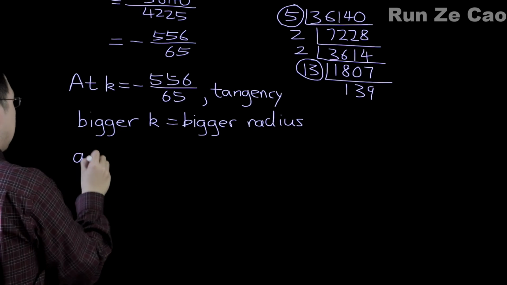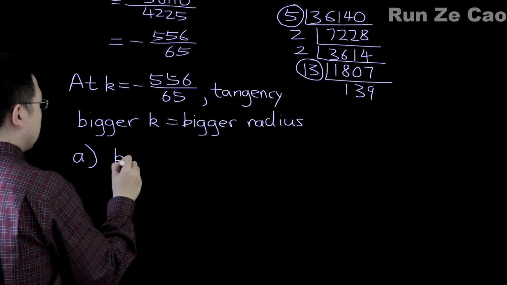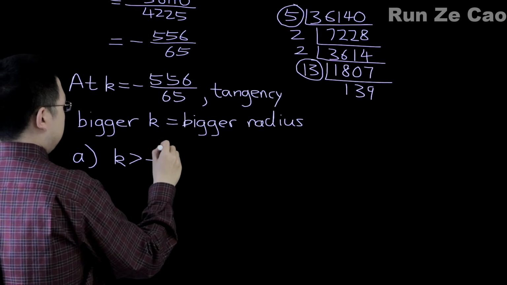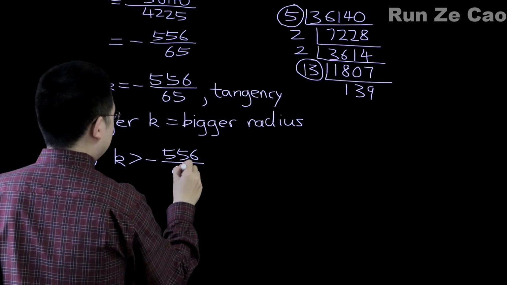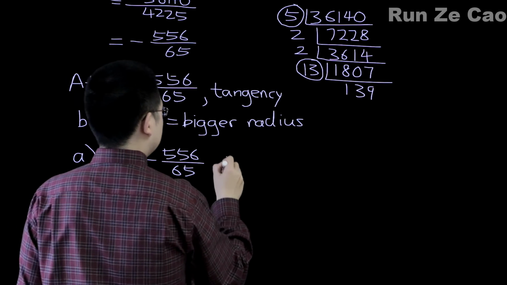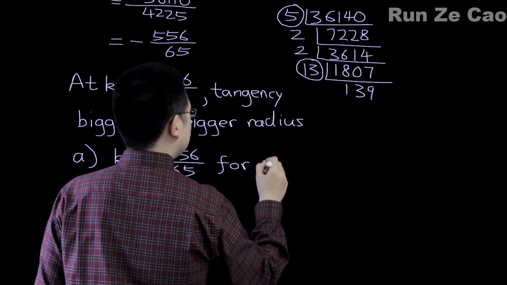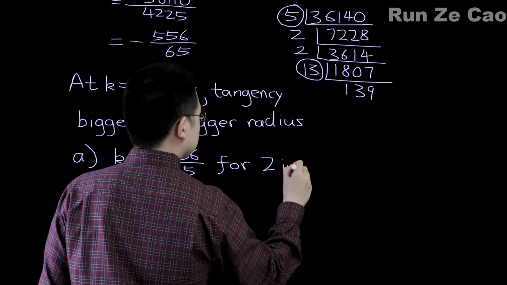So A is k is greater than negative 556 over 65 for two intersections.